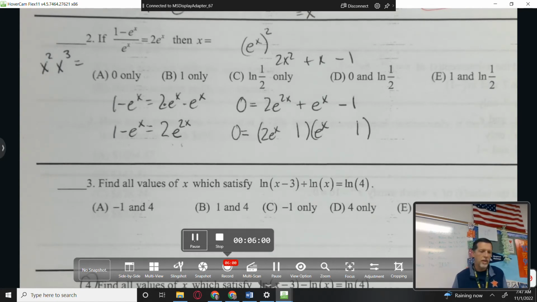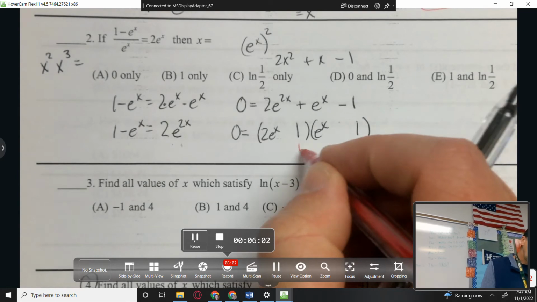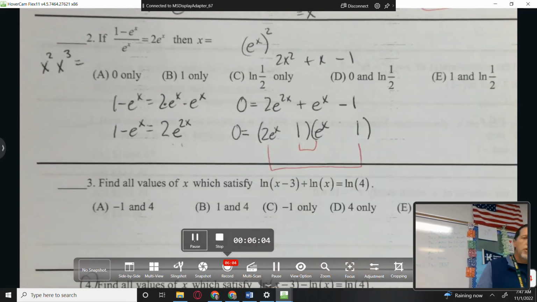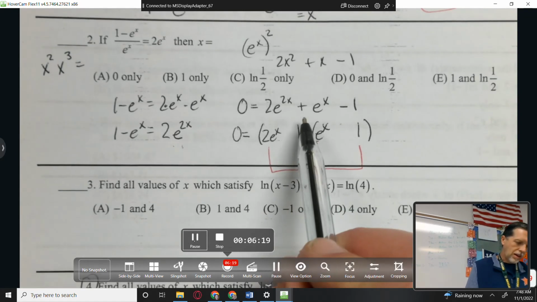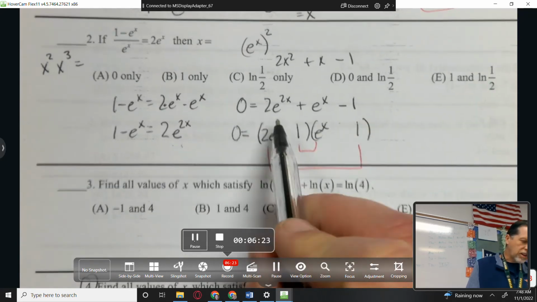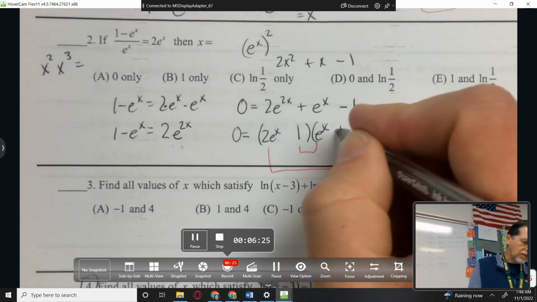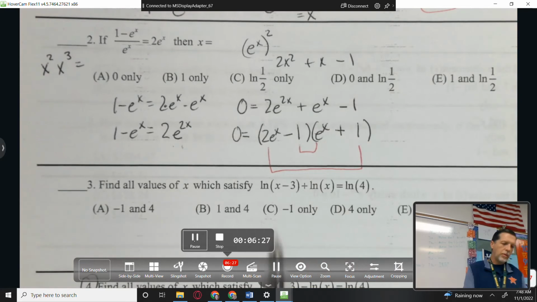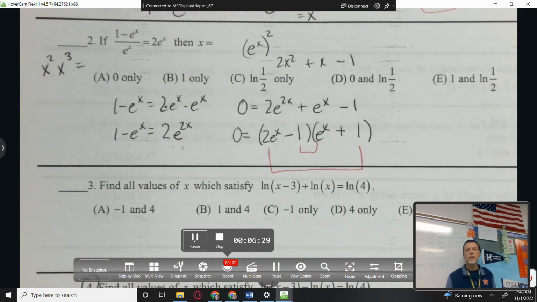Now I just need to worry about the signs. So we're factoring, but like quadratic factoring when e to the x is involved. We have not done that before. Let's see. So I think whoever's attached to this 2 needs to be positive. That way we end up with a positive middle term there.